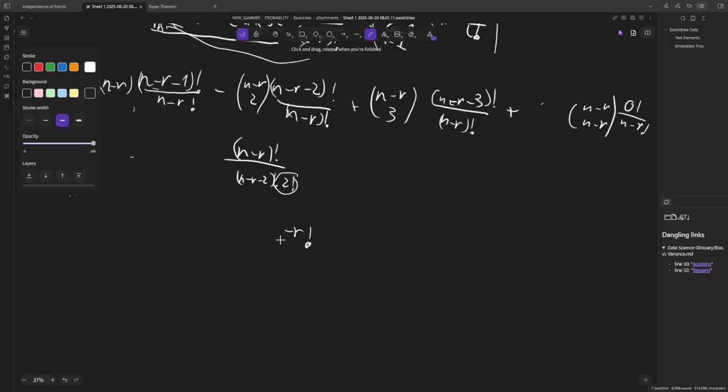Therefore, I think it's n minus r factorial minus n minus r factorial times the sum of I equal 1 up to n minus r of minus 1 to the I plus 1 over I factorial, and this is equal to the number of ways to arrange exactly r elements correctly.